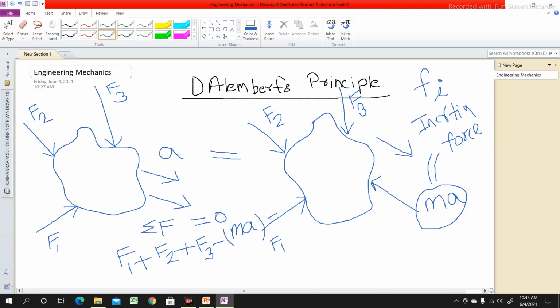Minus ma is equal to 0. This will be the force equilibrium equation for a body satisfying D'Alembert's principle.